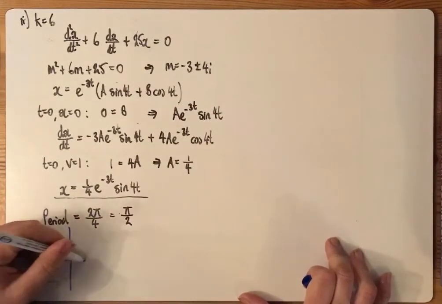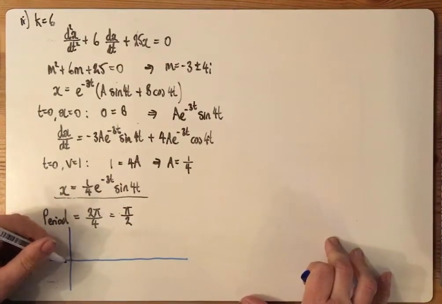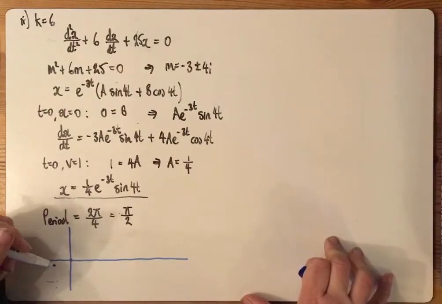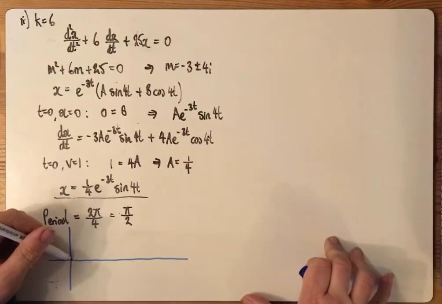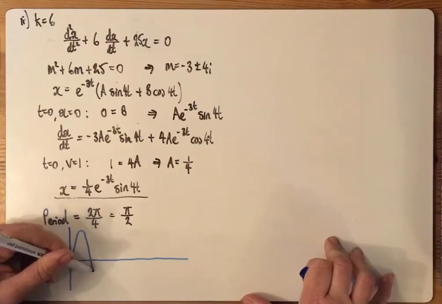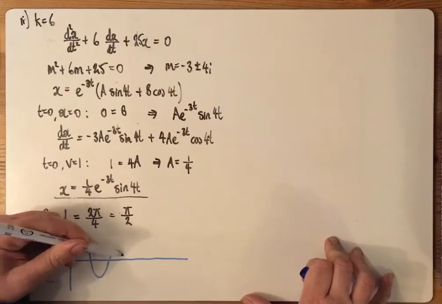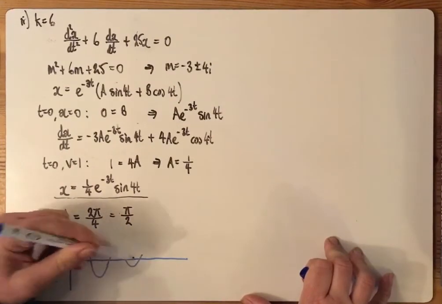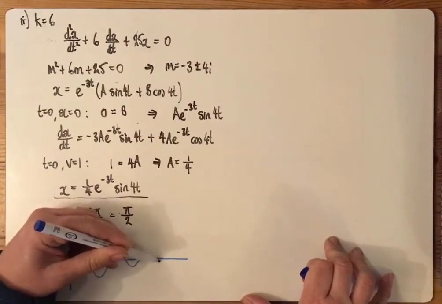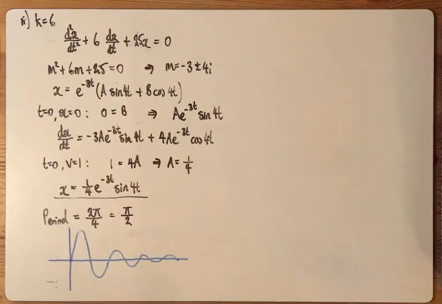When x is 0, t is 0, so it's going to start on the origin. And then we'll get the sine curve with period pi over 2, with then a decreasing amplitude. And so that would be oscillating towards 0 as t approaches infinity.